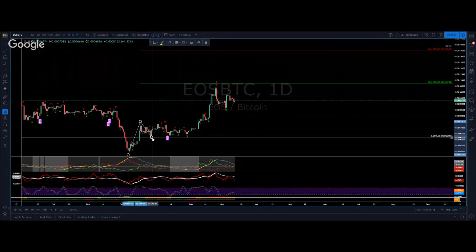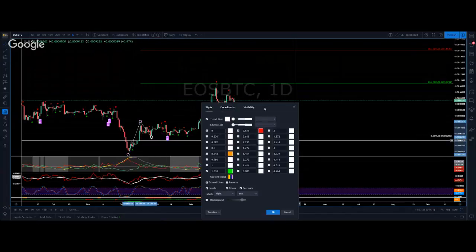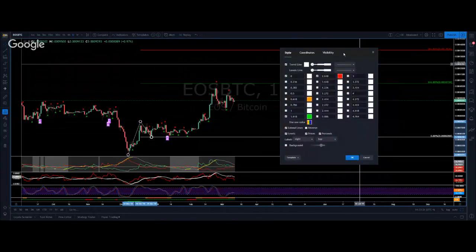So what I now have here is what I use when I'm looking at my targets for wave 3 and for wave 5. Wave 3 does tend to be a lot more accurate than wave 5, but if we take a look at the style that I have on this trend-based Fibonacci extension, I'm showing the 1618 and the 2618.